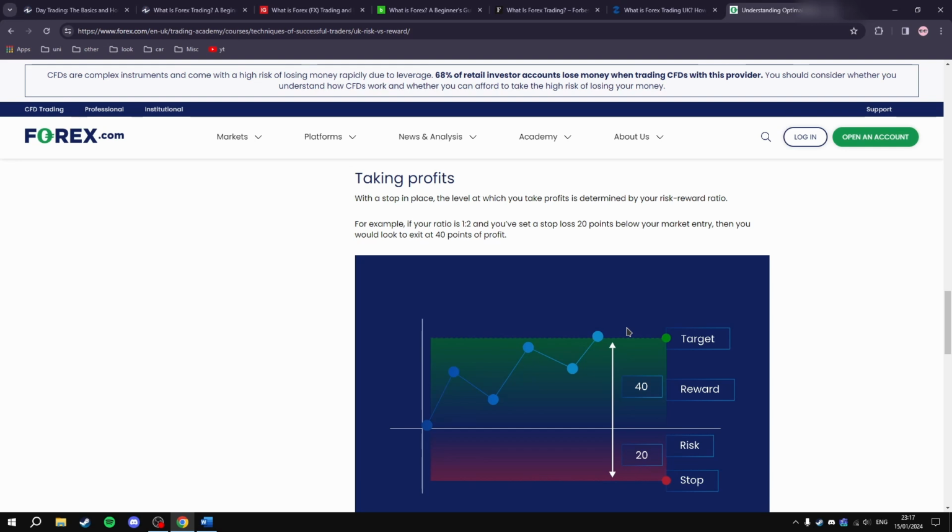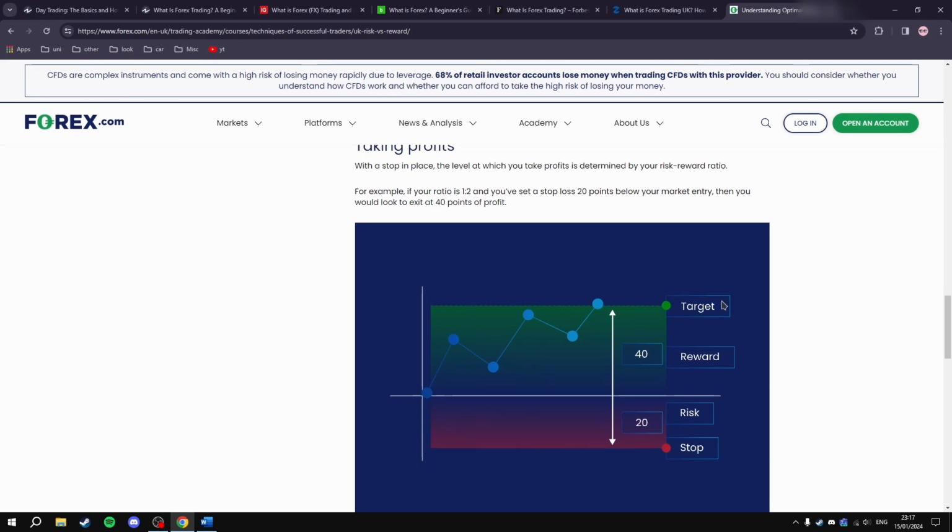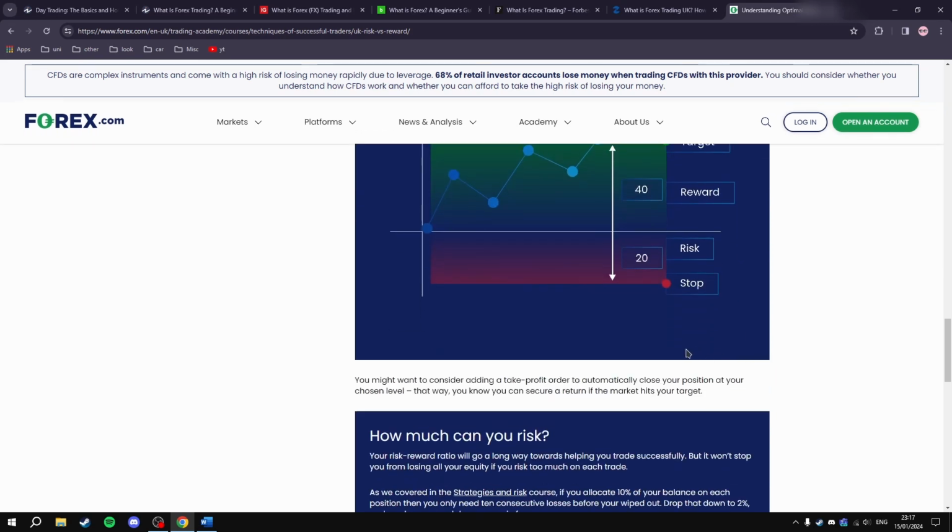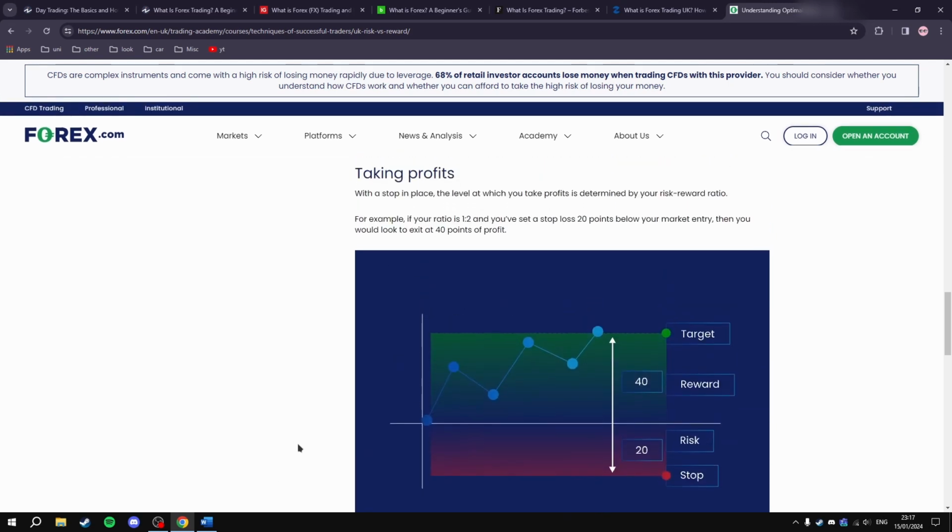For example, if your ratio is 1 to 2 and you've set a stop loss 20 points away, then you'll look to exit at 40 points of profit. You might want to consider adding a take profit order to automatically close the position at your chosen level. That way you can secure a return if the market hits your target.